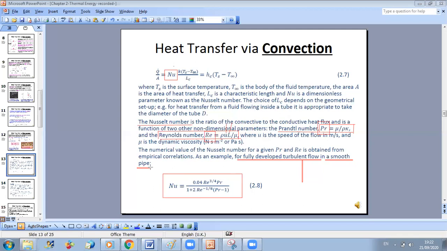So turbulent flow, let's say, flow moving in a smooth pipe. If you have these conditions satisfied, then you can use this empirical relation for any case you have, okay? The only condition is to satisfy the same conditions as your experiment. And this relation developed experimentally can be used in any problem satisfying the previous conditions.